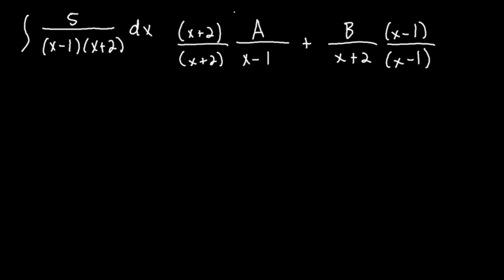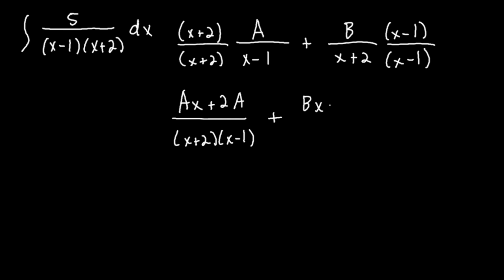So now that we have this, what we can actually do is distribute A into x plus 2. So we get Ax plus 2A over x plus 2, x minus 1, plus Bx minus B over x plus 2, x minus 1. Well, we can combine these two fractions now that they have the same denominators.